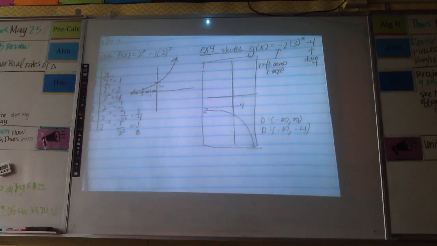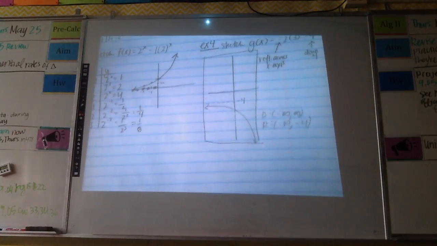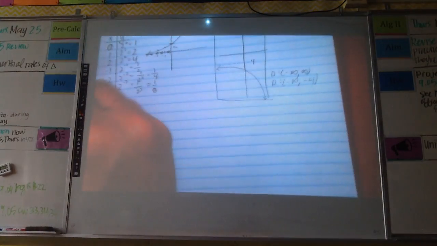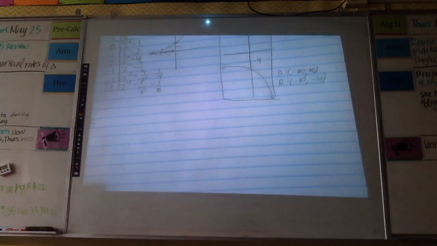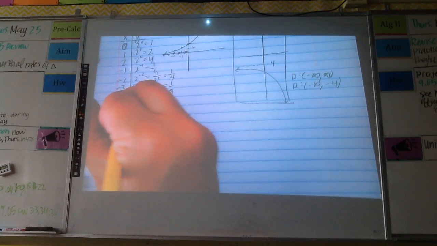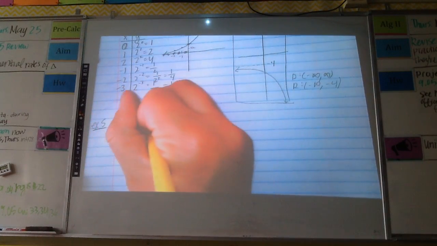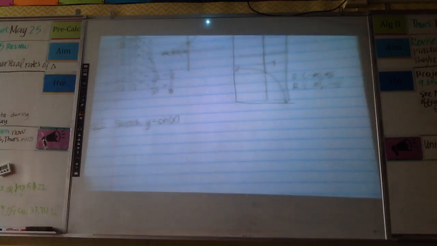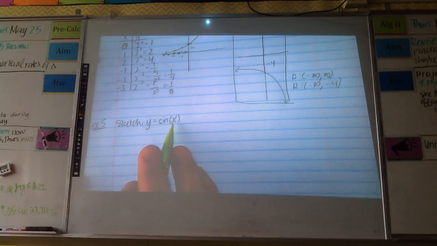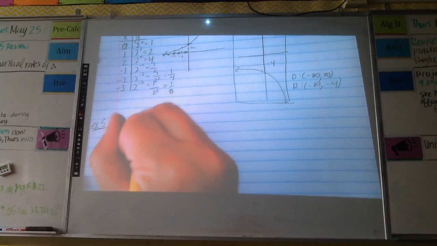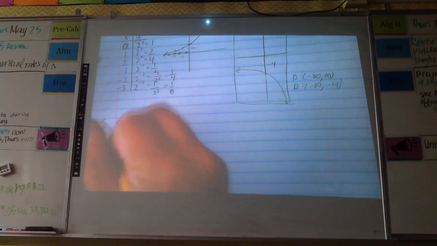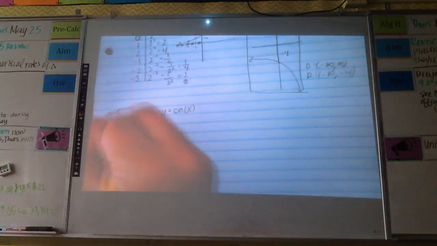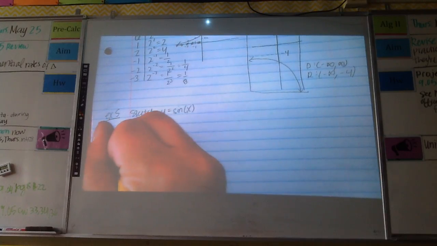Okay, 2 more. Let's look at trig functions. Maybe you're thinking to yourself, if I were asked to sketch a sine function, I don't super remember what values are convenient to put into sine. I would say one convenient value is 0, because that's this angle here.